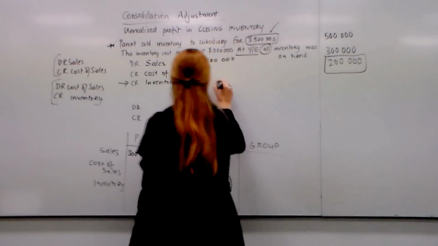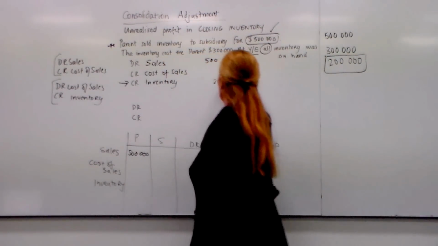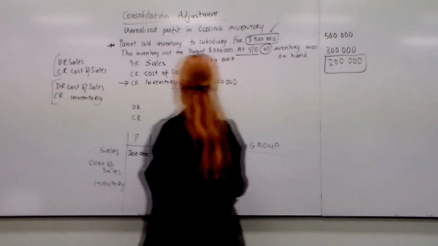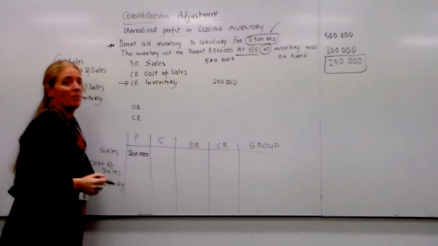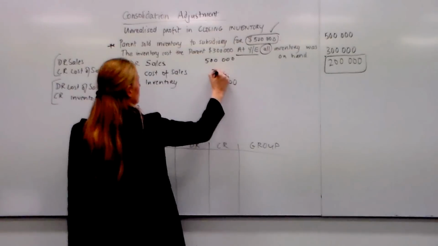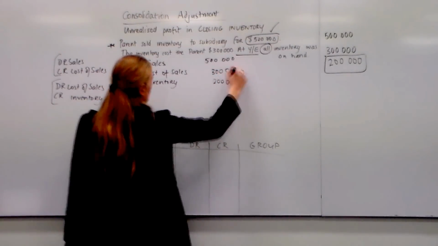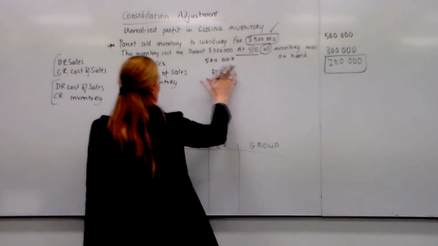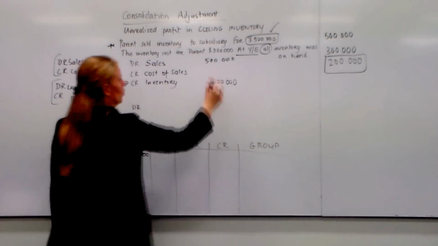Okay, so therefore we're going to credit inventory with $200,000, and we're going to credit cost of sales with a balancing item, which is obviously $300,000.